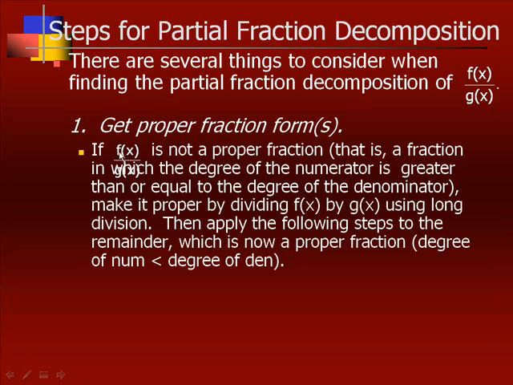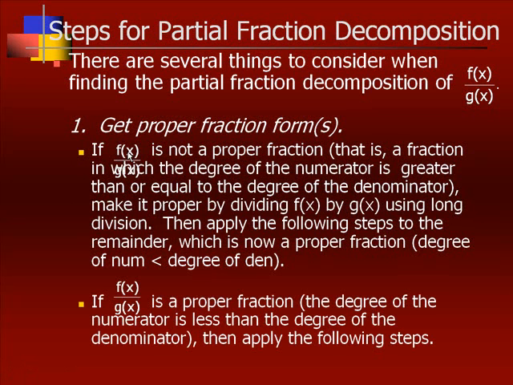If f of x over g of x is not a proper fraction, that is, a fraction in which the degree of the numerator is greater than or equal to the degree of the denominator, then we need to make it proper by dividing f of x by g of x using long division. Then apply the following steps to the remainder, which is now a proper fraction. Now remember, proper fraction: the degree of the numerator is less than the degree of the denominator.